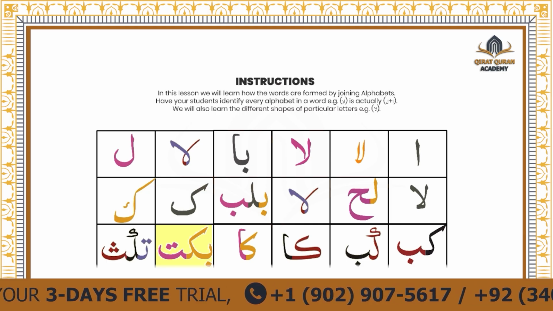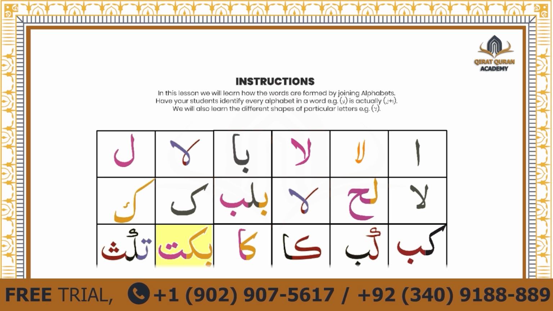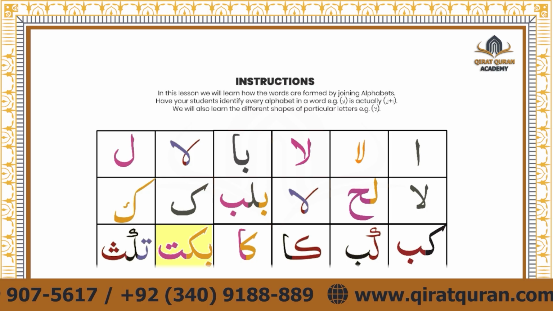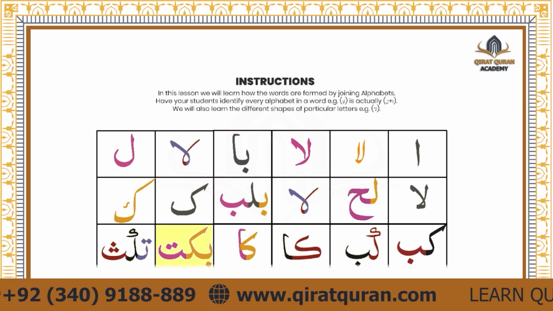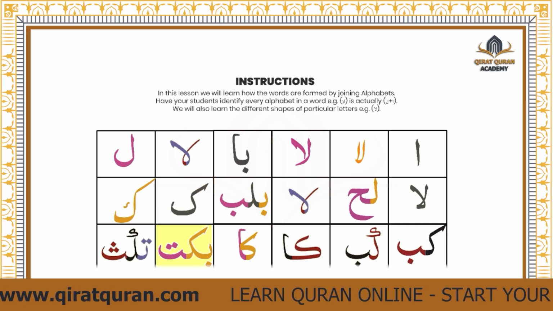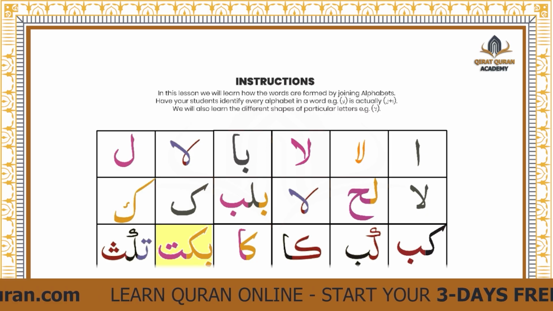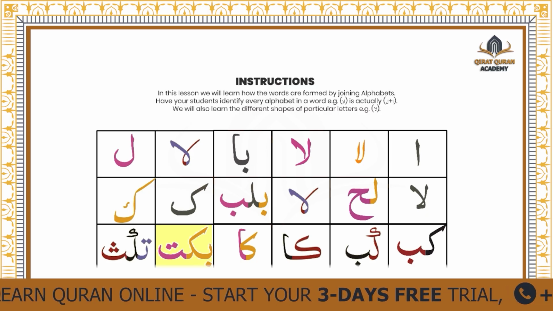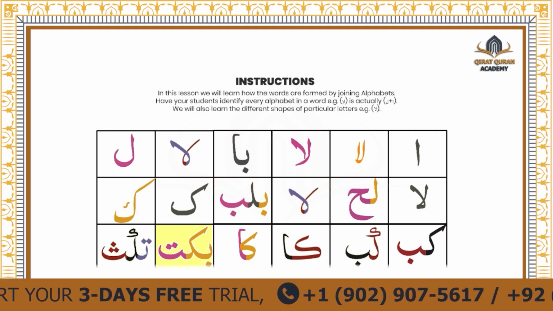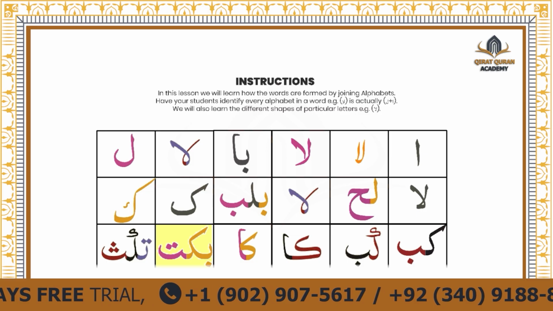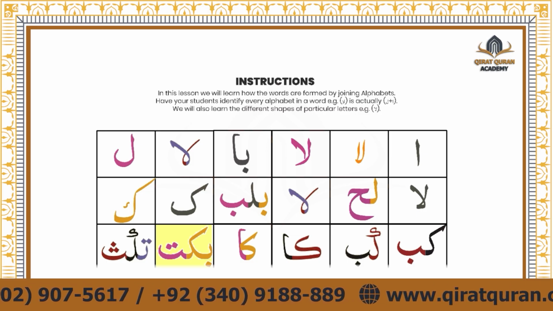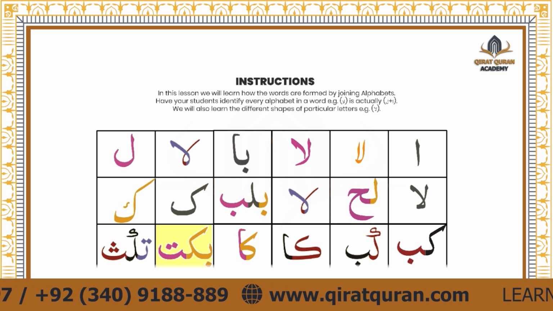And then the last letter, which has two dots at the top, that is ta. So the first letter is ba, kaf, ta.